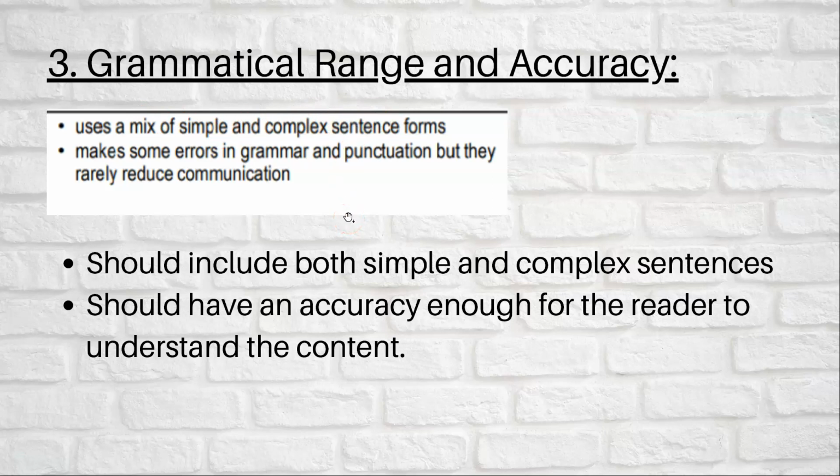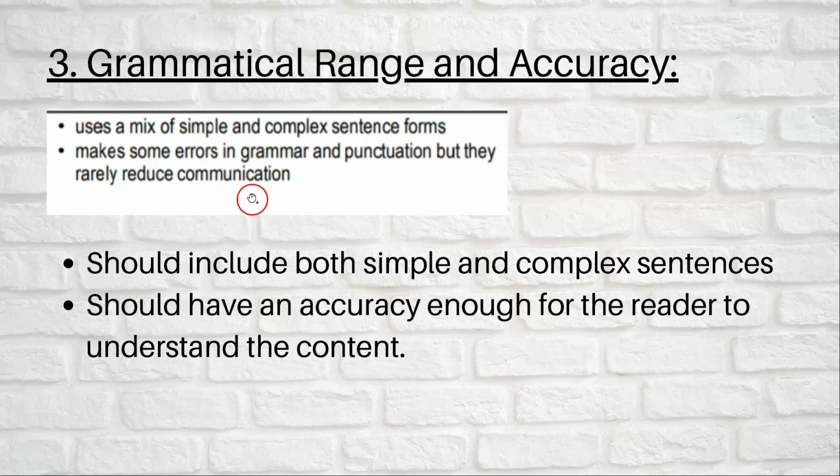Yes, most of your sentences should be complex, but you are not required to have your entire answer with complex sentences. The second point is makes some errors in grammar and punctuation, but they rarely reduce communication. So even at a 7 band for grammatical range and accuracy, you could be making some mistakes. But the mistakes should not be so serious that your communication lags behind.